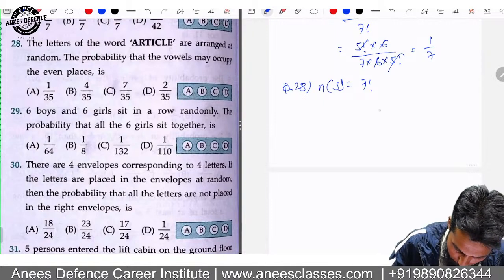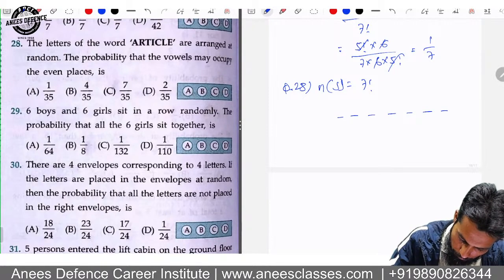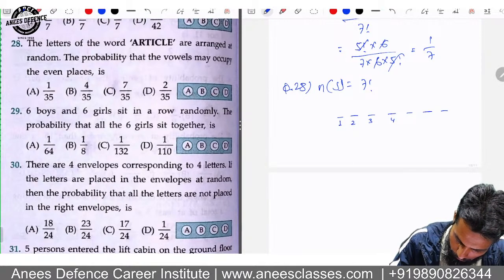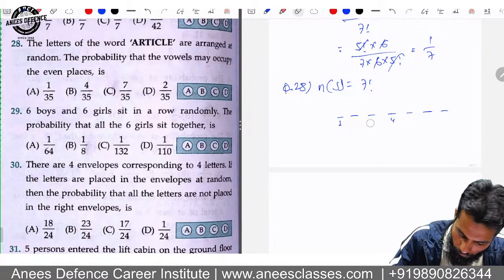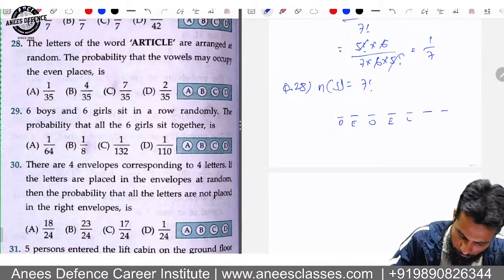There are 7 places: 1, 2, 3, 4, 5, 6, 7. So the first one is odd place, then even, odd, even. Instead of 1, 2, 3, I should write odd, even only. That will be better. 1 is odd, then even, odd, even, odd, even, odd.